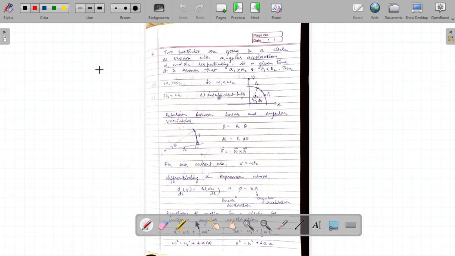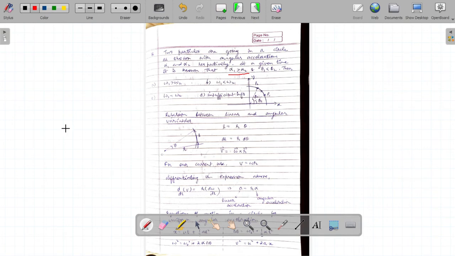Two particles are going in a circle as shown, with angular acceleration alpha 1 and alpha 2 respectively at a given time. It is known that angular acceleration at one time is more than the angular acceleration at another time.